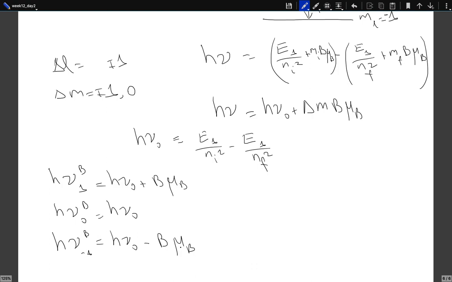So before, when you see a single line in the emission or the absorption spectrum, if you put it in a magnetic field, you should actually see 3 lines.